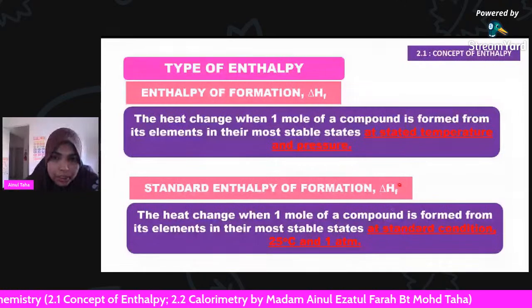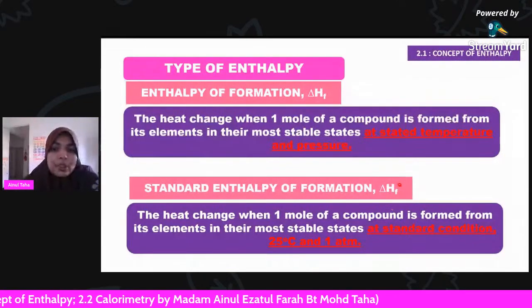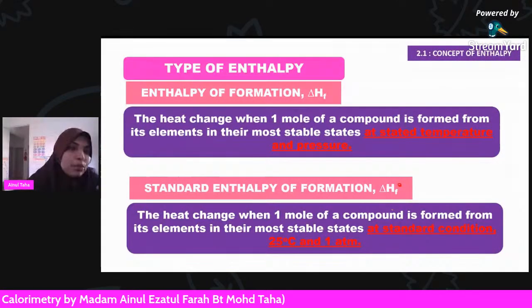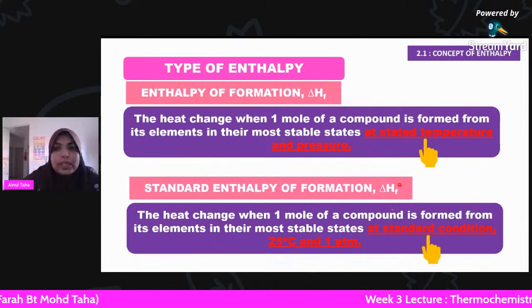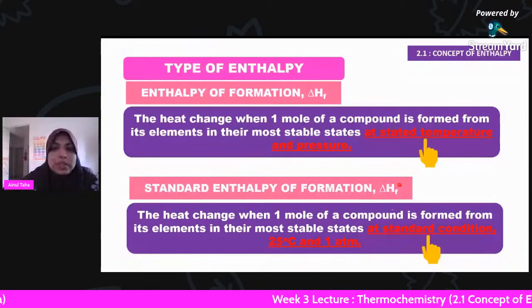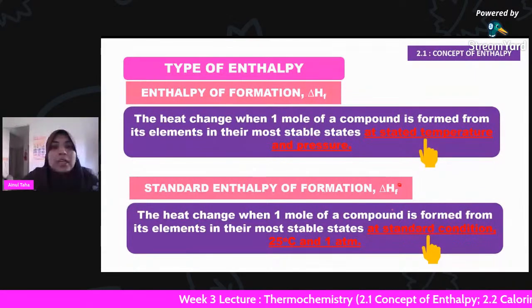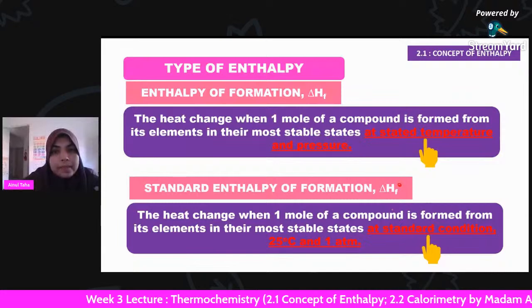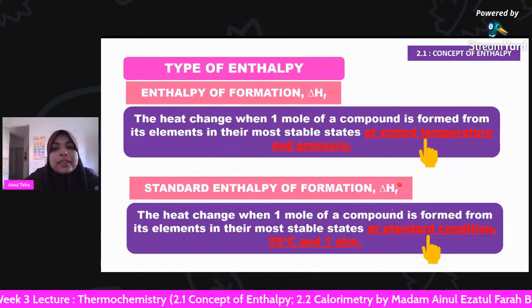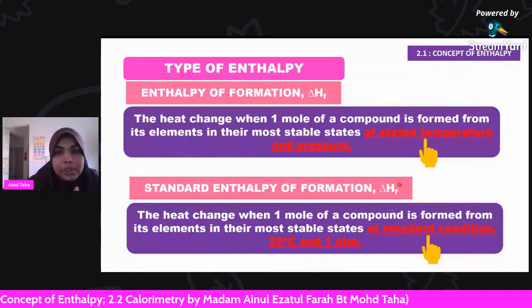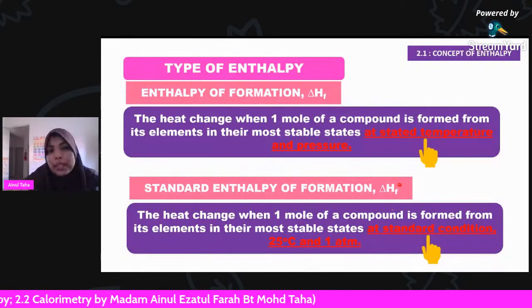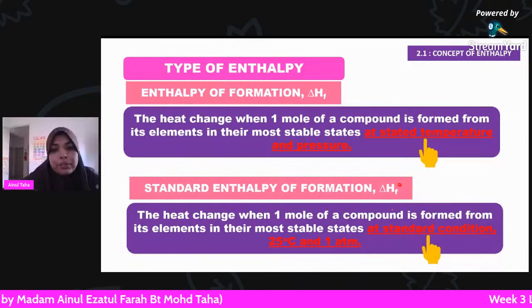What is the standard condition? We have to mention 25 degrees Celsius and 1 atm. So that's why I want you to see the difference between the non-standard state and standard state definitions.